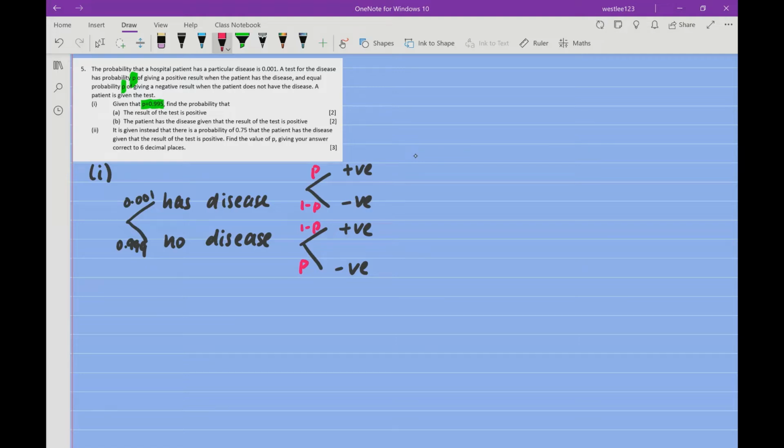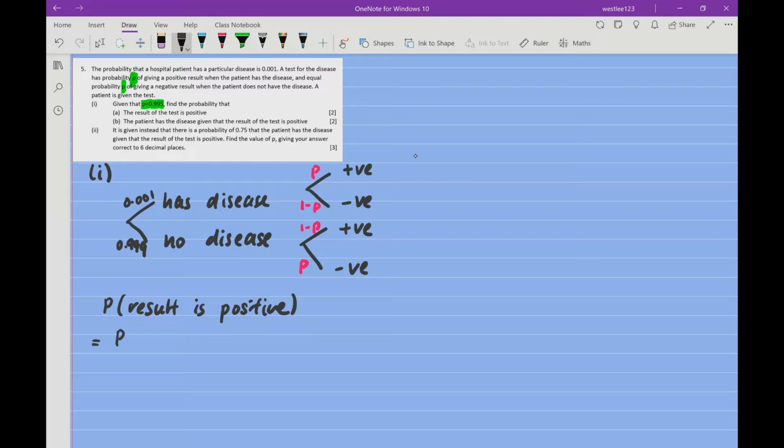Given that P is 0.995, we are supposed to find the probability that the test is positive. So probability the result is positive. We have two possible events that lead to the result being positive.